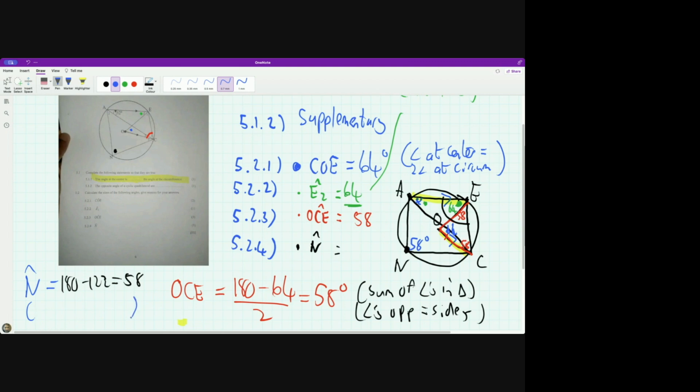What is the reason that tells me about the relationship between these two? It's just going to be opposite angles, cyclic quad. Opposite angles, cyclic quad, because they told you this is a cyclic quad, therefore these must add to 180.